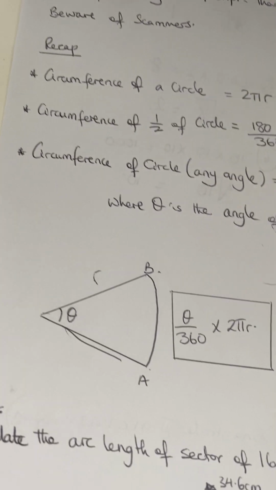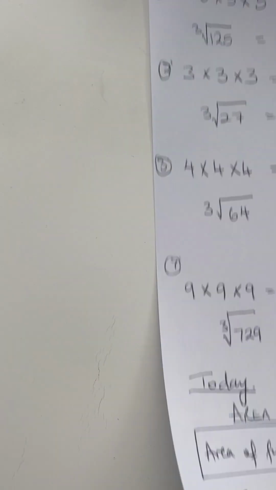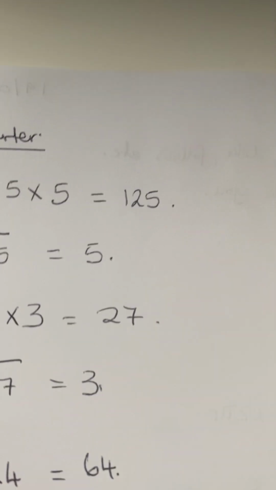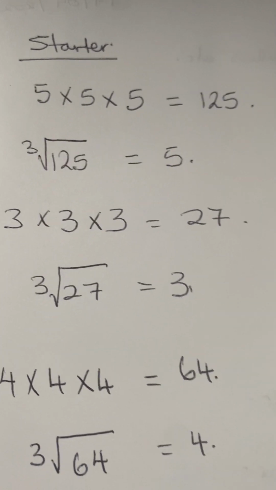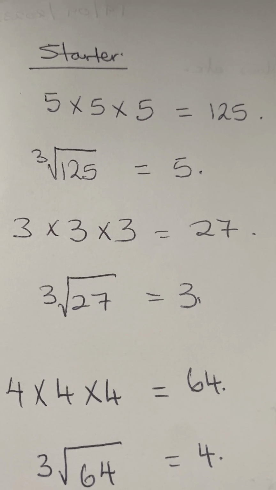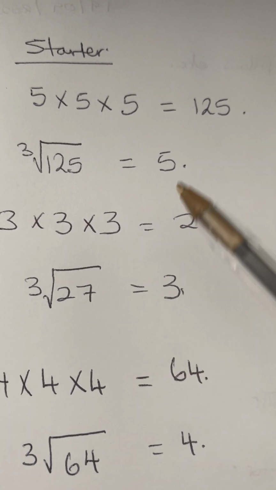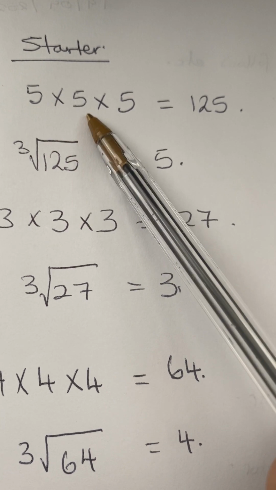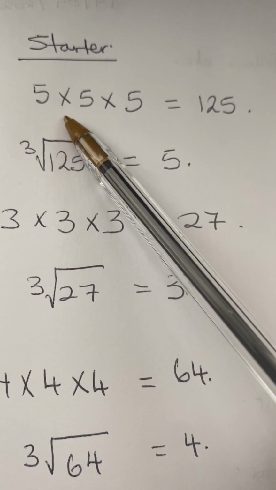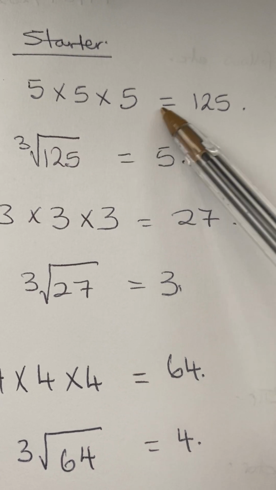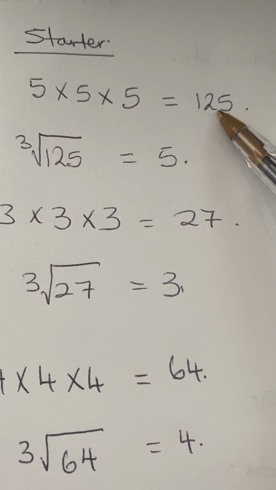Now today's starter, before I say anything, is a simple starter. We've seen this in the earlier videos. 5 times 5 times 5 is 125, so 25 times 5 is 125.